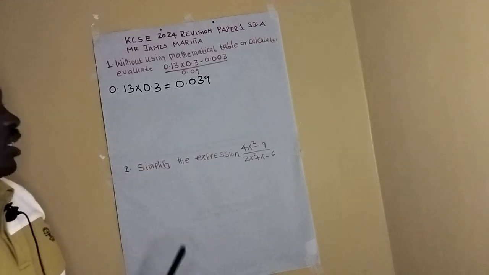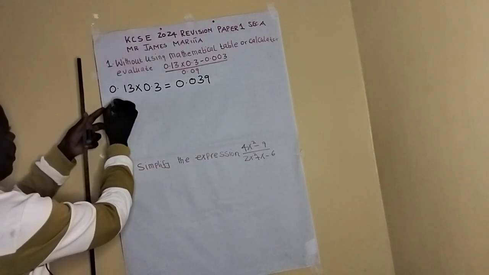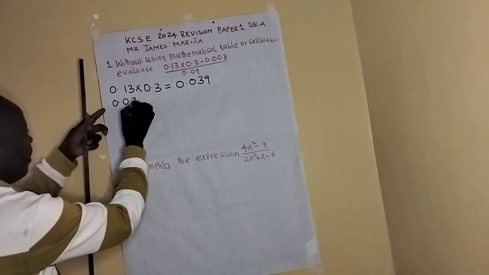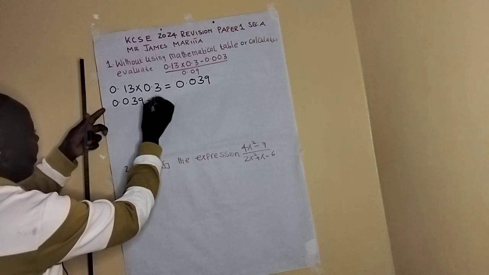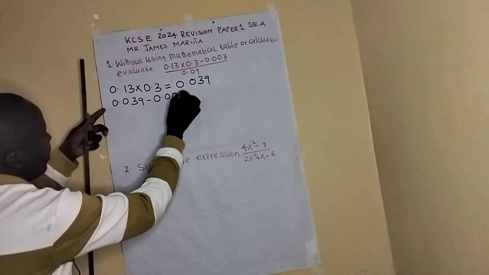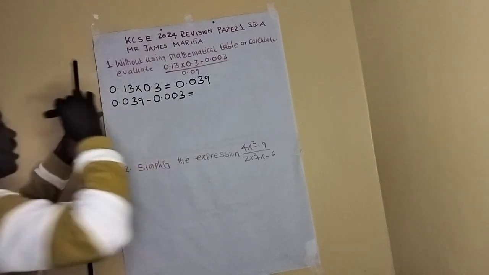Then we have subtraction, so it means we take 0.039 minus 0.003. What is the answer here?